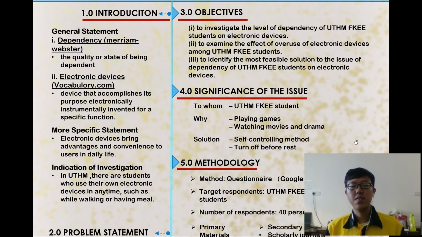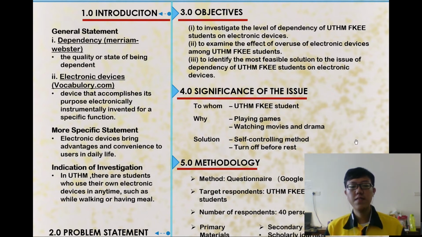The first one is the self-controlling method, which is making a plan before switching on their electronic device, and this will help the students to save time and reduce the time they are using the electronic device, because some of them, when they want to switch on the device, didn't know what to search for and how to search for the info.